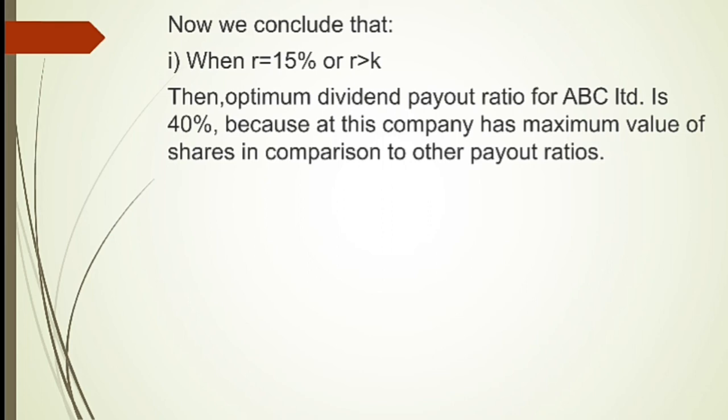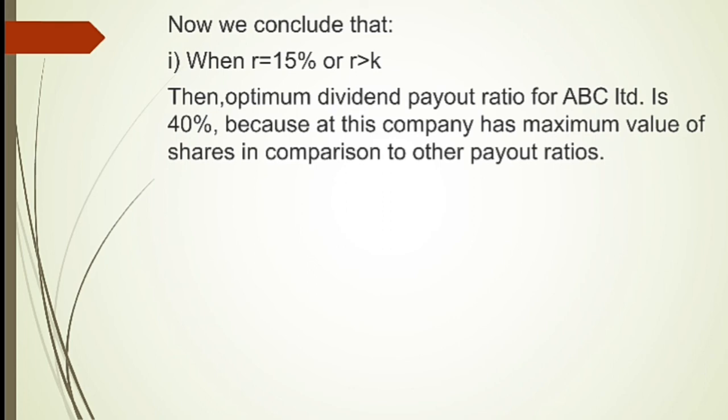So when the question asks you to provide a conclusion, it is asking what the optimum dividend payout ratio for a company is in all three main conditions, when the dividend payout ratio is 100%, 80% or 40%. I want to make clear that the optimum dividend payout ratio is the one at which the value of share for a particular firm is maximum.